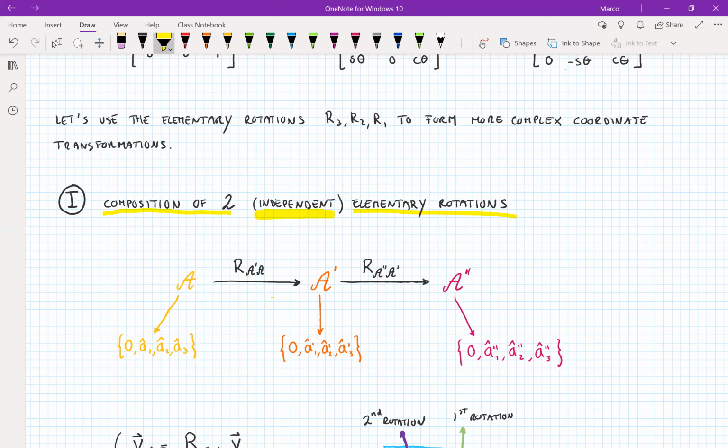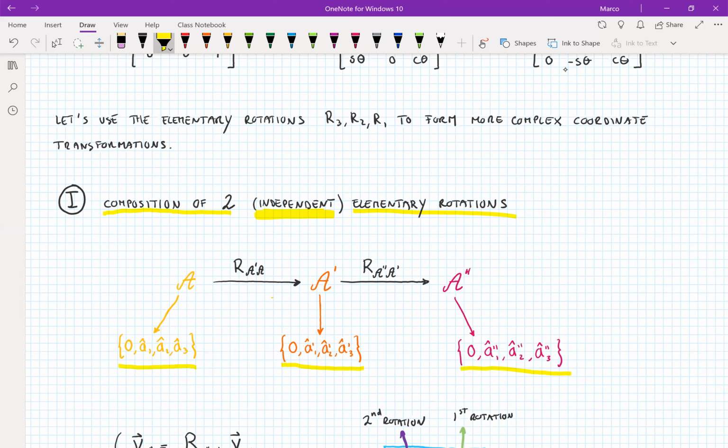All right, so the logical structure that we're following is that we are starting from a reference frame A, then we're moving to a reference frame A prime, and then we're arriving, by performing a second rotation, to reference frame A double prime. Each of these three reference frames shares the same origin, which is O, but they are characterized by different sets of versors.